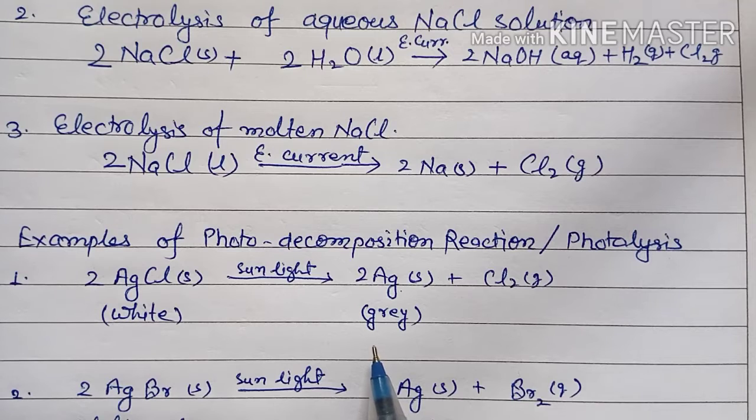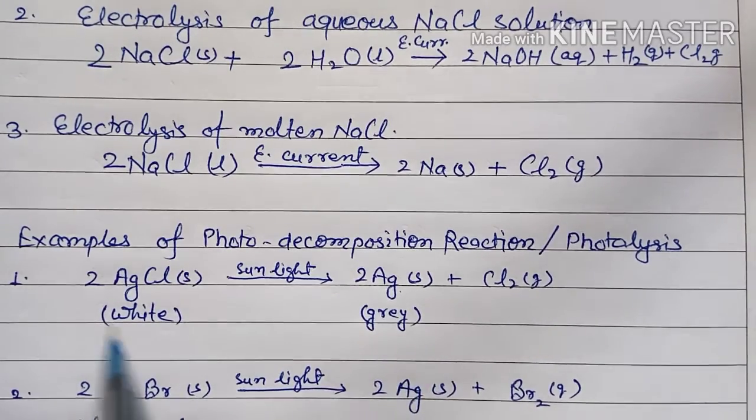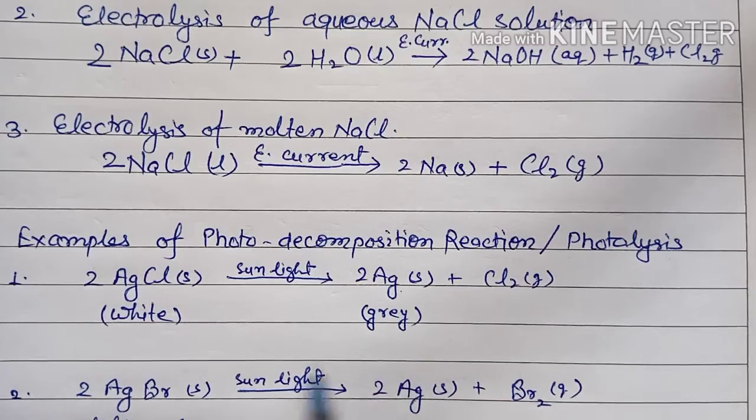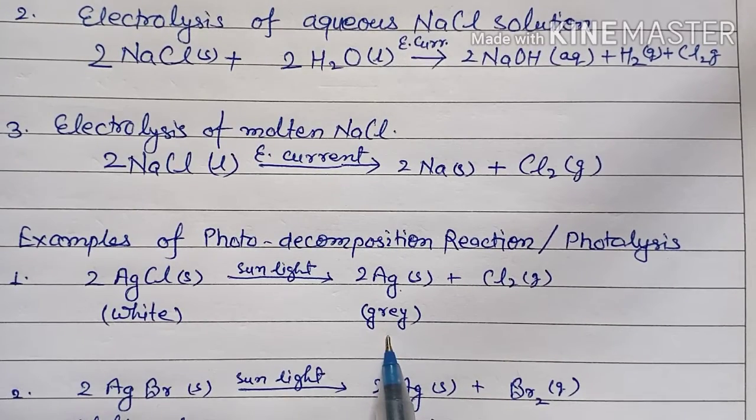On analysis, it is found that sunlight has caused decomposition of silver chloride into silver and chlorine. In this equation you can see its color is white and it converted into grey.